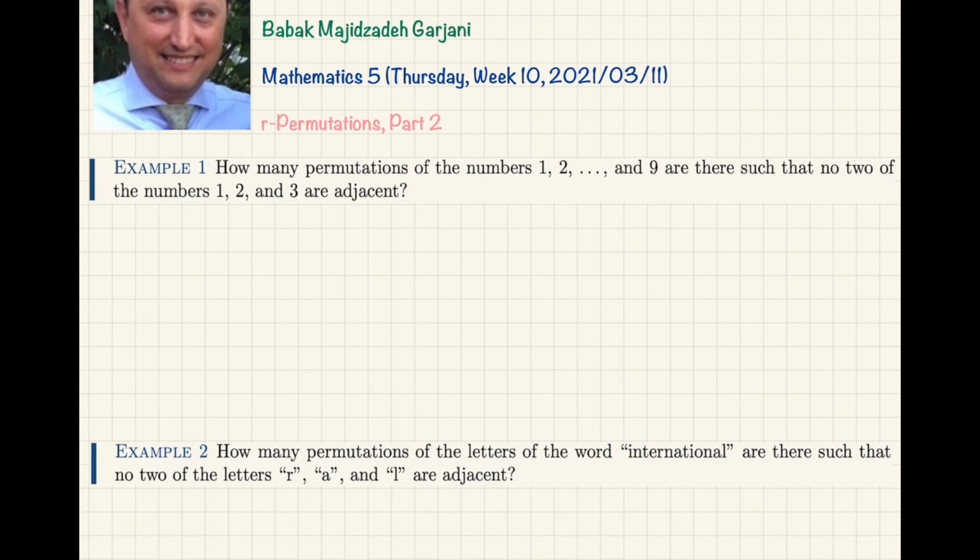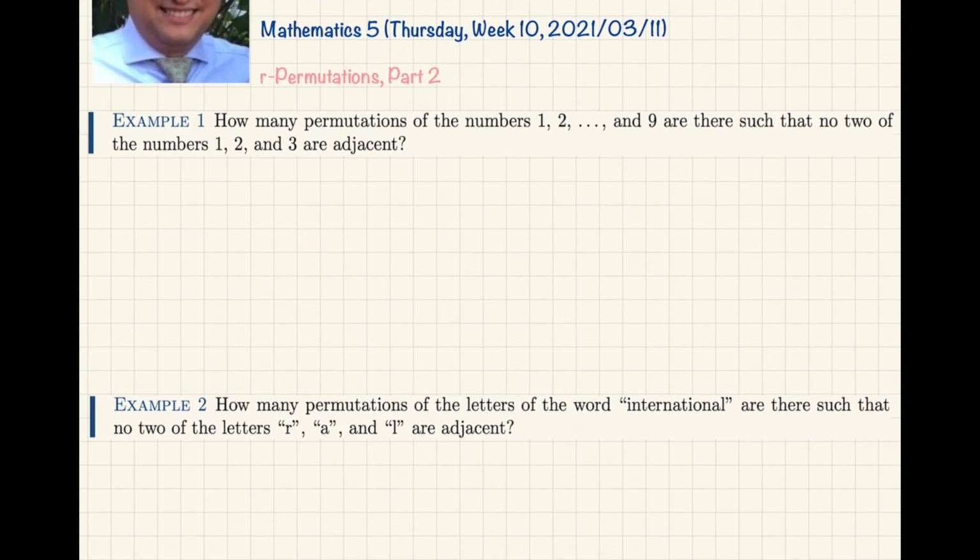So these two examples are similar, but there are some differences as well. How many permutations of the numbers 1, 2 up to 9 are there such that no two of the numbers 1, 2 and 3 are adjacent?